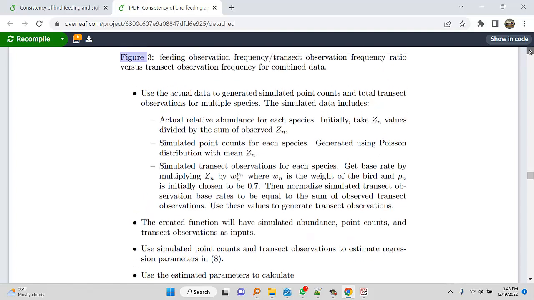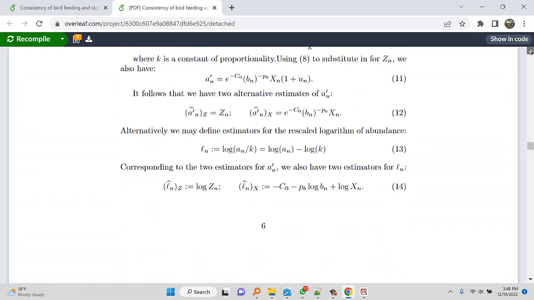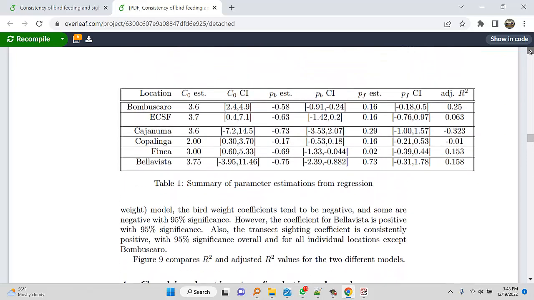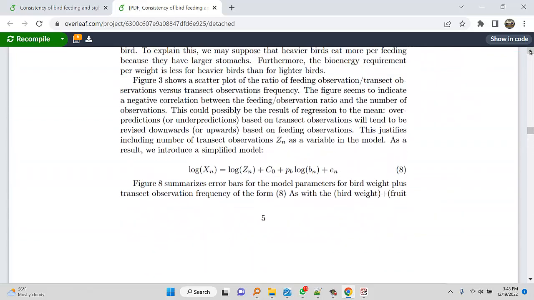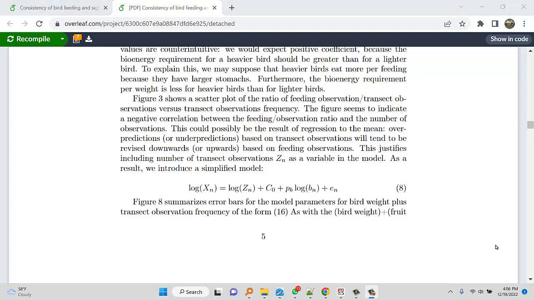Well, this equation 8 is up here. So what we need to do is use the new values of x and z and perform a regression on this relation to estimate C0 and PB. Now, to estimate these two parameters, C0 and PB, we need to rearrange this equation. And that's done down here.